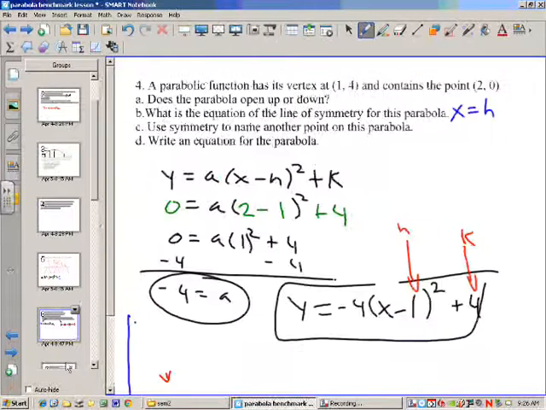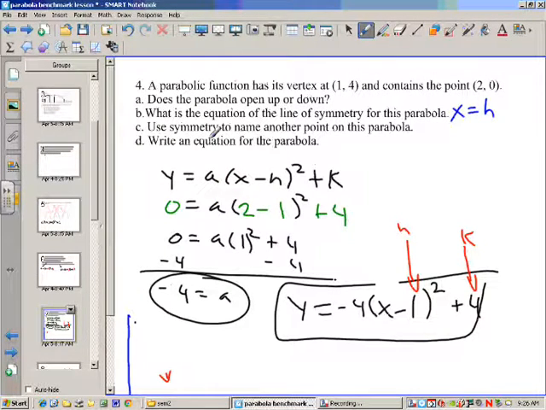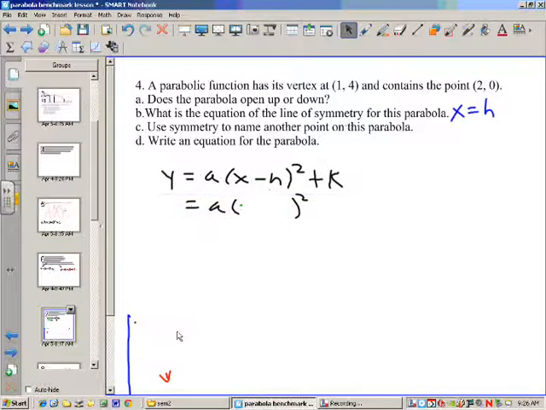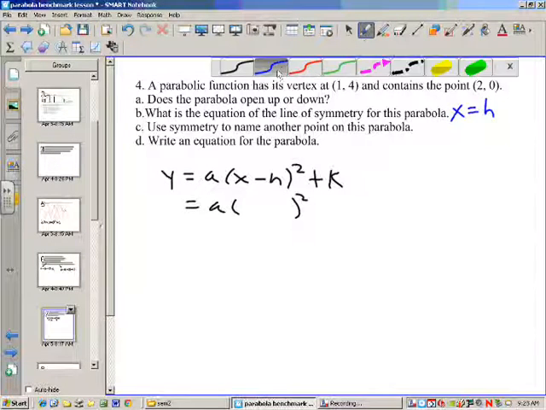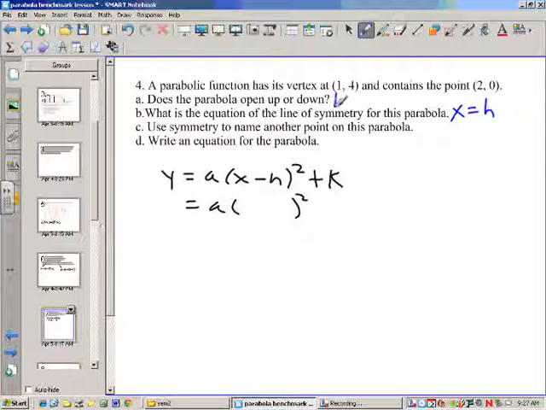So let's do a problem. If you look at this graph, or this information, we see that they're giving us the vertex, so we're going to use vertex form, plugging in the stuff we know. The stuff we know is an h of 1, a k of 4, an x of 2, a y of 0.